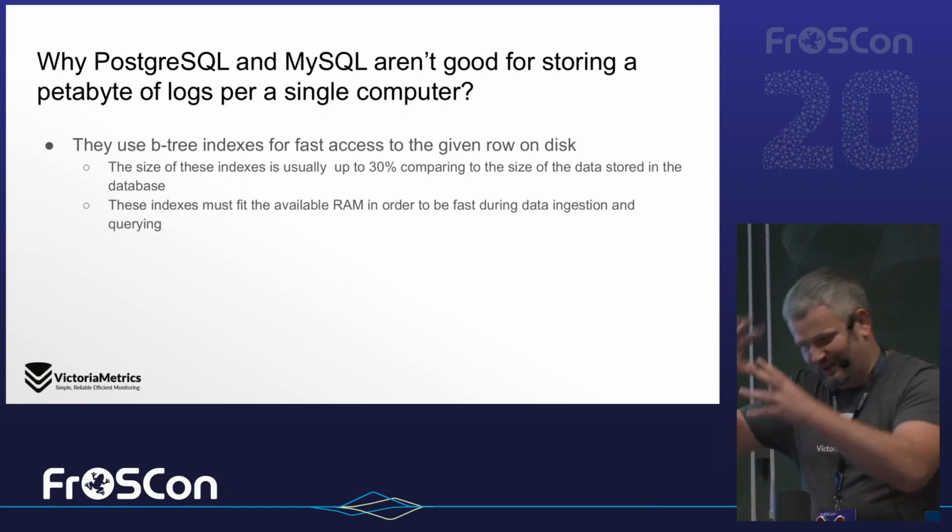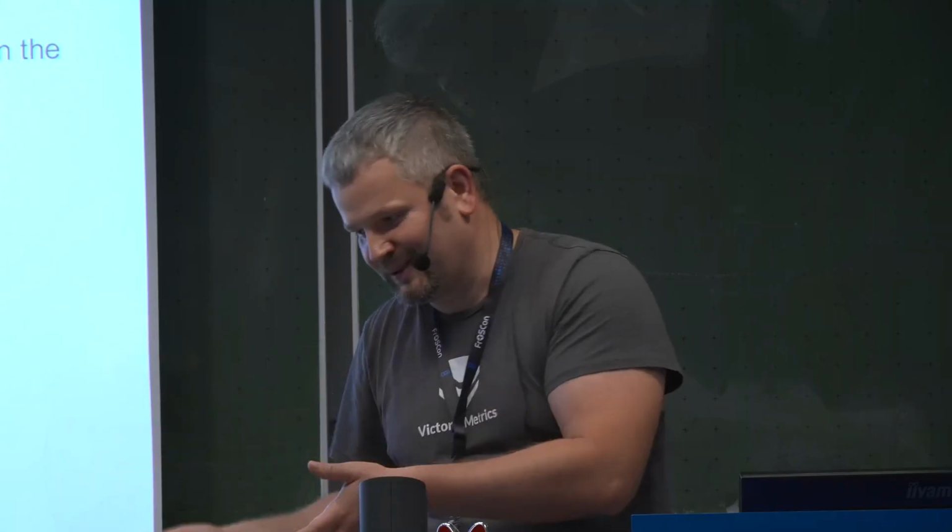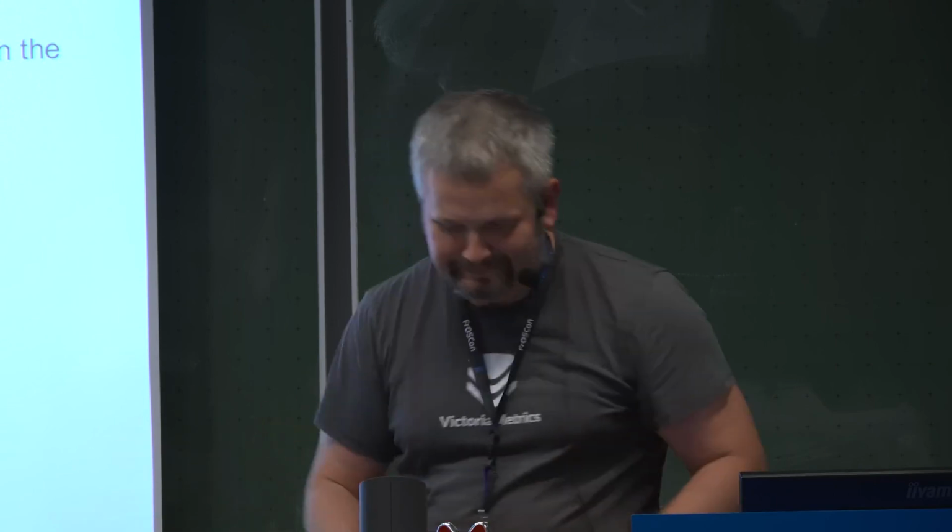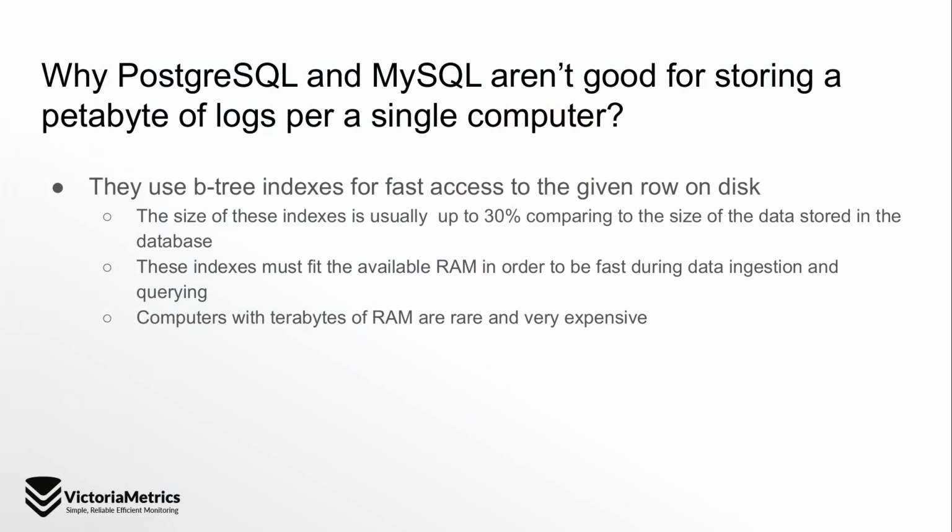This means that they need to fit in memory, otherwise you need to constantly read these indexes from disk. And computers with terabytes of RAM are expensive and rare. And we have no computers with a petabyte of memory.